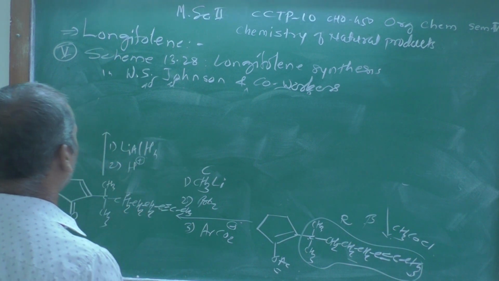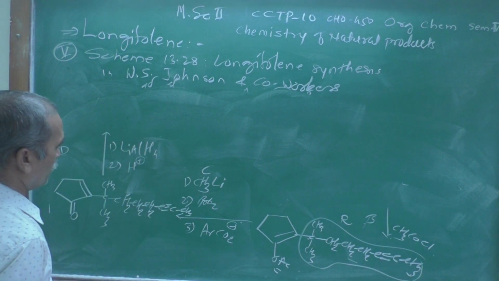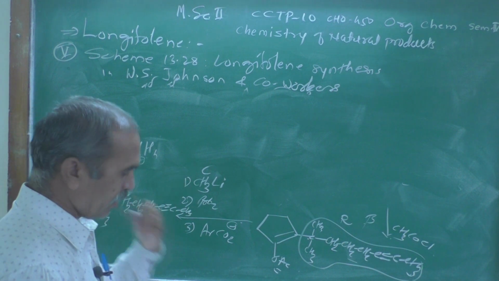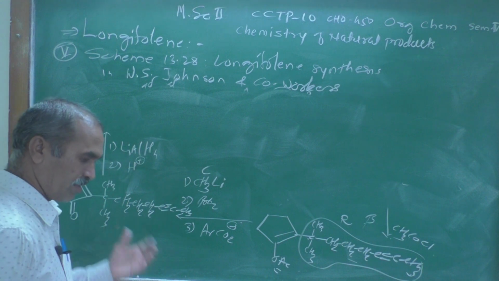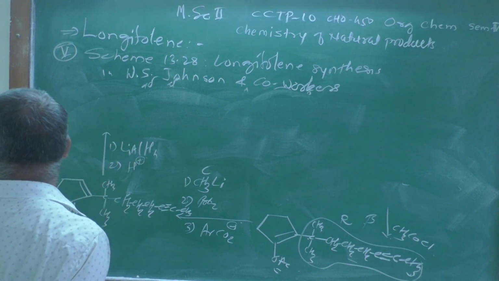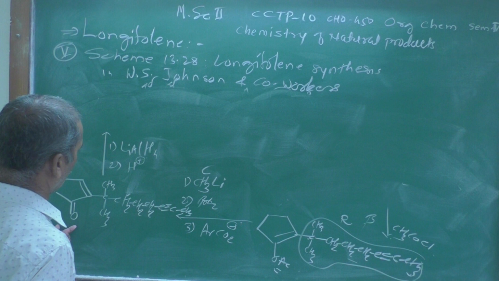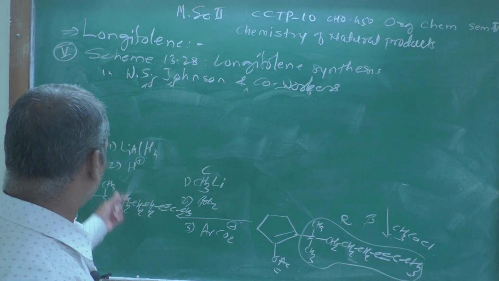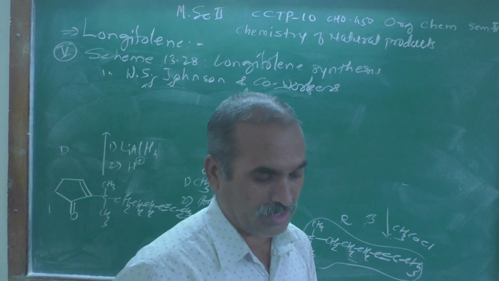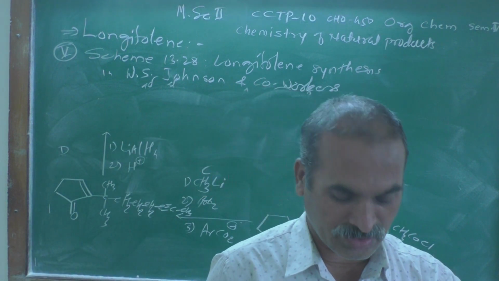tricyclic compound is formed. Most chemists think that here lithium aluminum hydride is a reducing reagent, which can reduce a carbonyl group into an alcohol, and then under H plus acidic condition, there is a tricyclic compound.